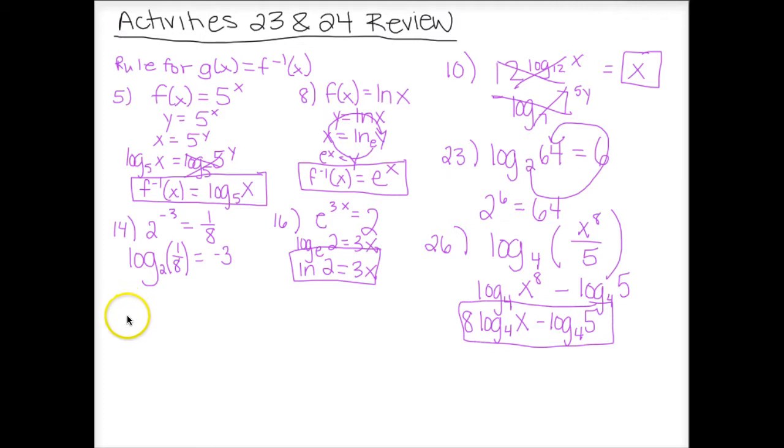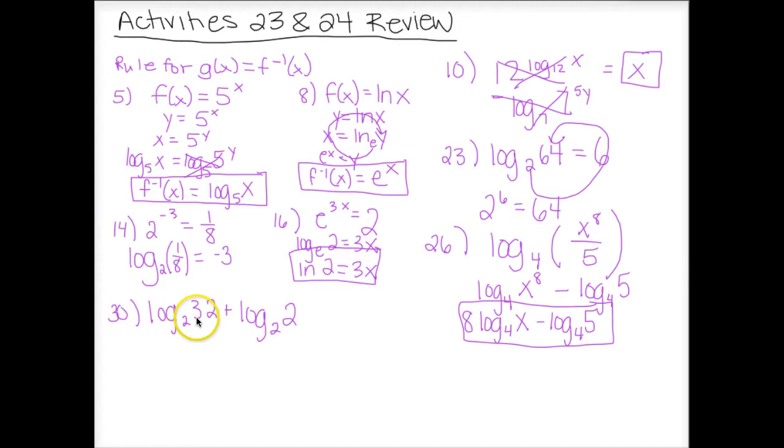Then remember that you also need to be able to condense. So that's what you have in, let's look at number 30. Log base 2 of 32 plus log base 2 of 2. And the directions are so important, guys. The directions here told you to write this as a single log. It did not say to evaluate.